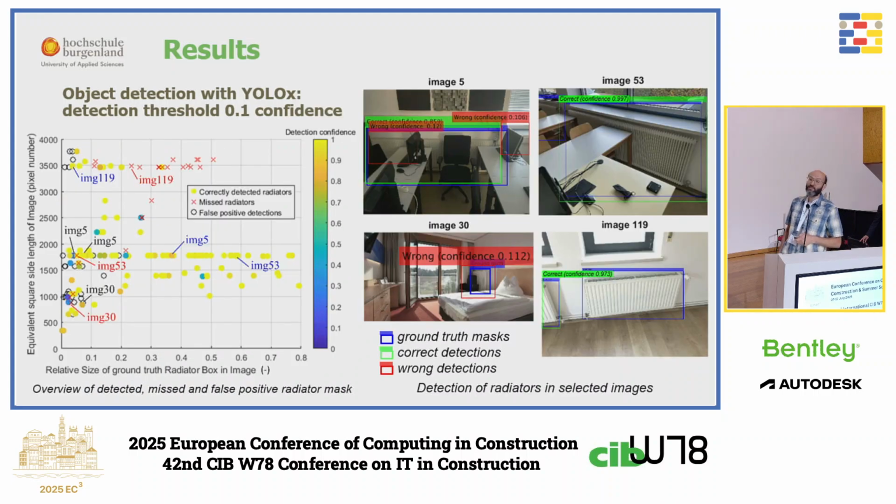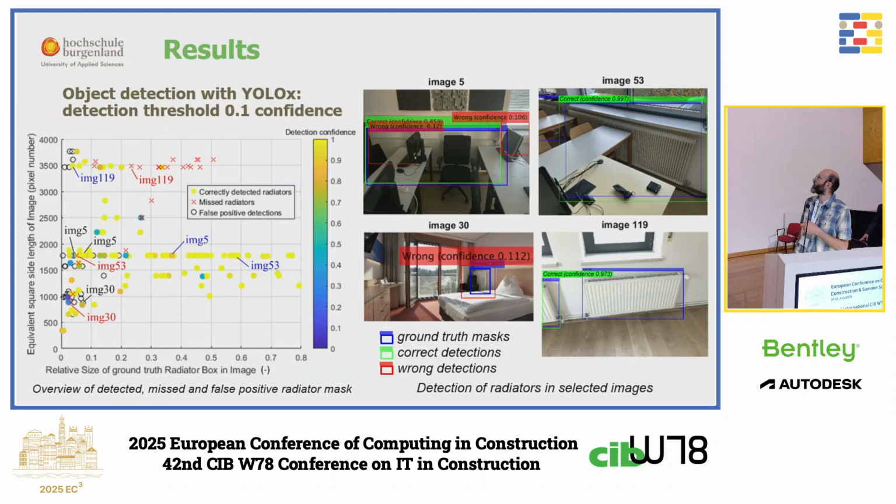Looking more in detail at the characteristics of the images from the test database, we see here most of the correctly detected radiators as yellow dots with very high confidence.